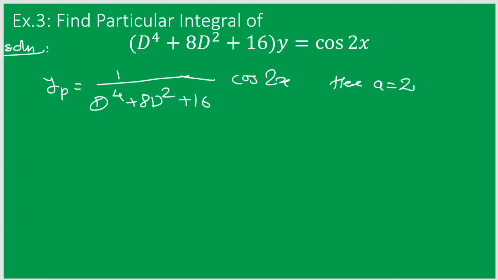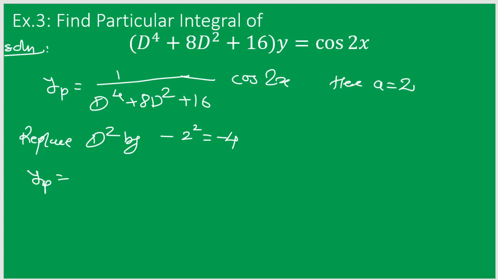Alright, so the first step is what? We replace D² by -2², which is -4.